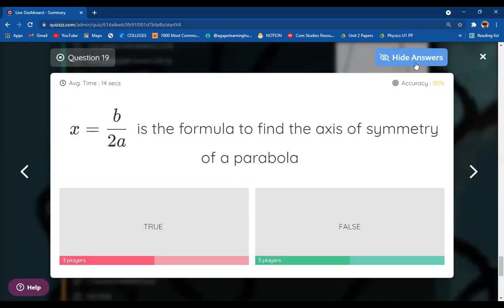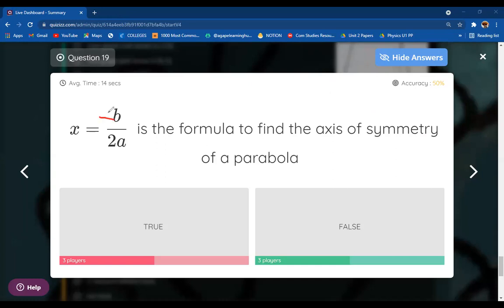Okay, you need to remember this. The formula for x, which is the axis of symmetry, divides the curve into equal parts. So this straight line here is my axis of symmetry. The formula for the axis of symmetry is x is equal to minus b over 2a.